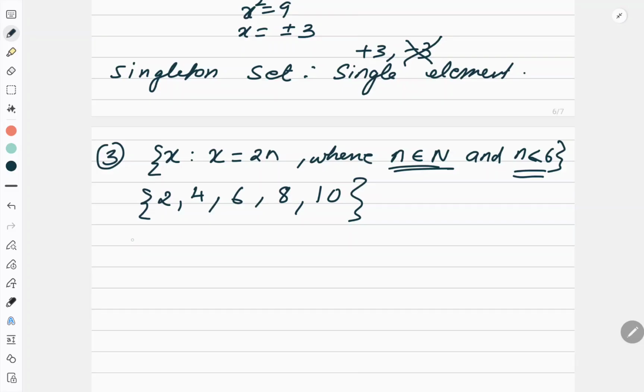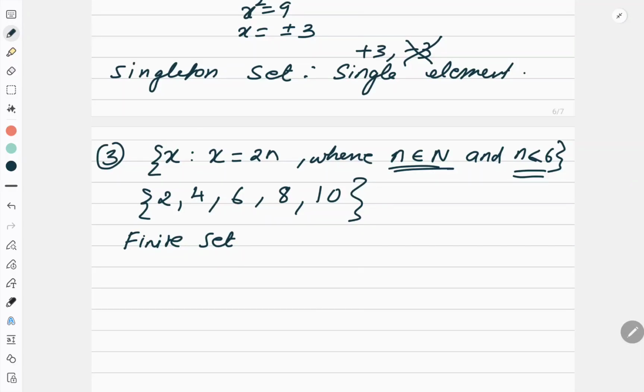So I can define a finite set as, or a better definition: a set which is not null, or whose elements can be listed down, is called a finite set.